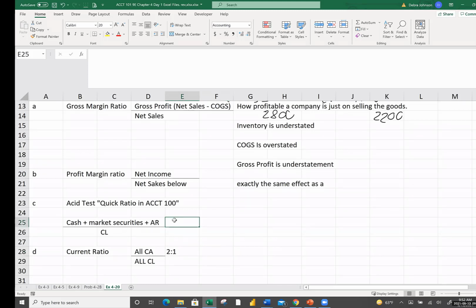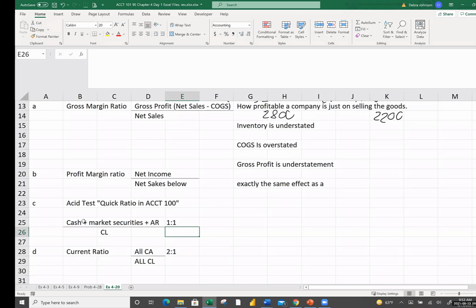And what a bank likes to see in this one is 1 to 1, which means for every dollar of current debt, a company has a matching $1 of really liquid assets with which to pay it off. So what they're going to ask you here is, what effect would the inventory error have on this ratio?